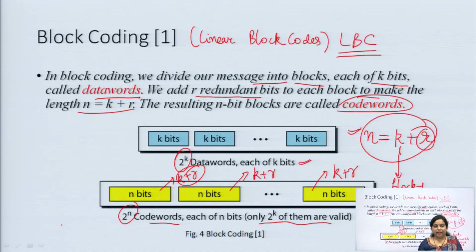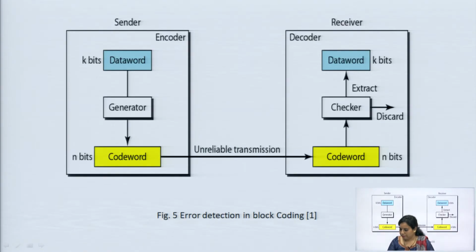So, in the resulting code word, n will be equal to k plus r, that is total number of bits in the code word. Now, only 2 to the power k of them are valid. So, this is the code word, this is about the block coding.